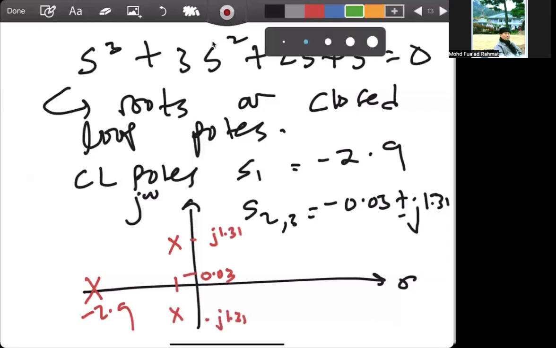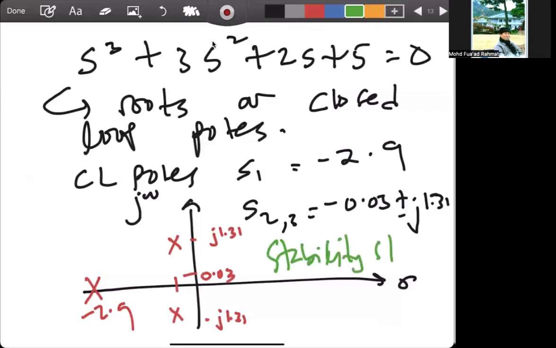So from here, the stability status is stable, due to all poles on the left half plane.